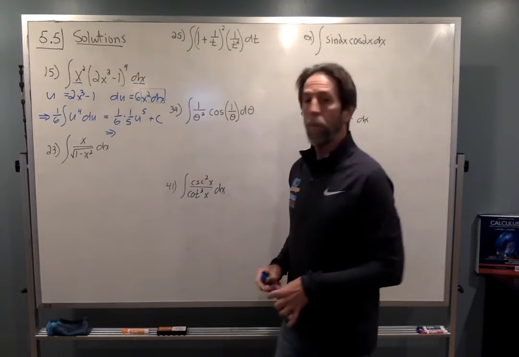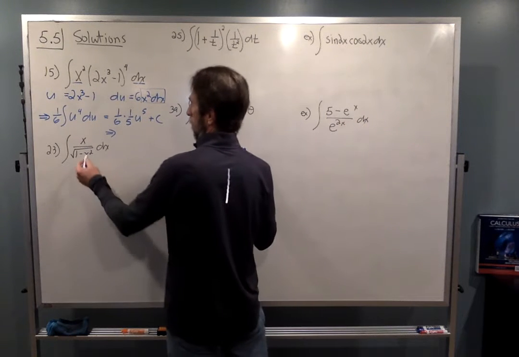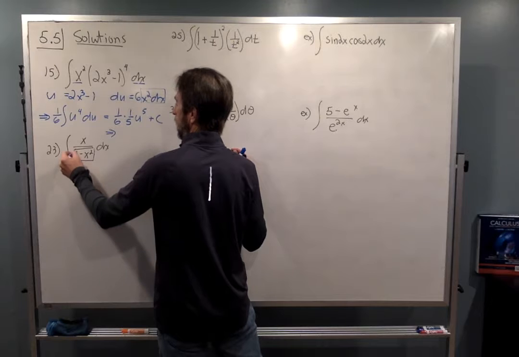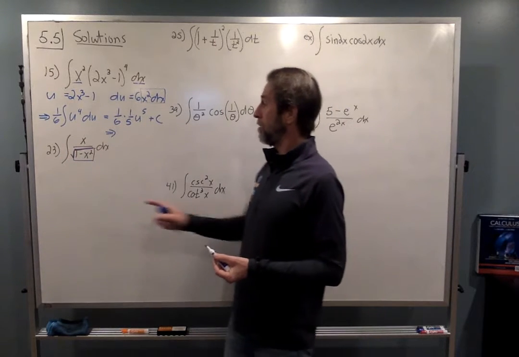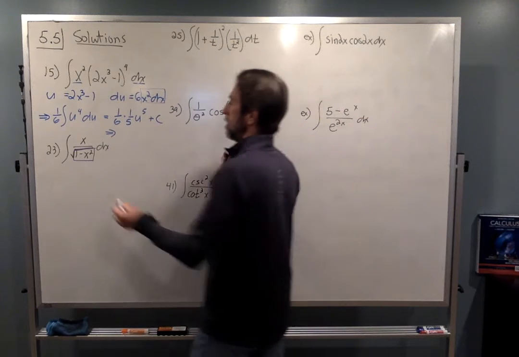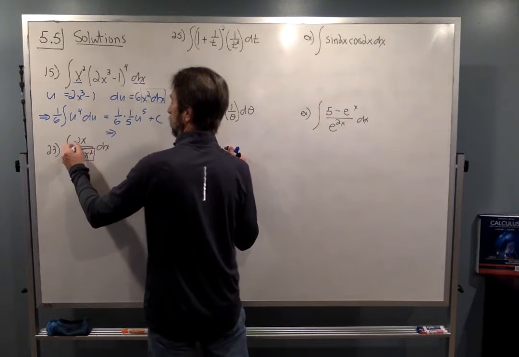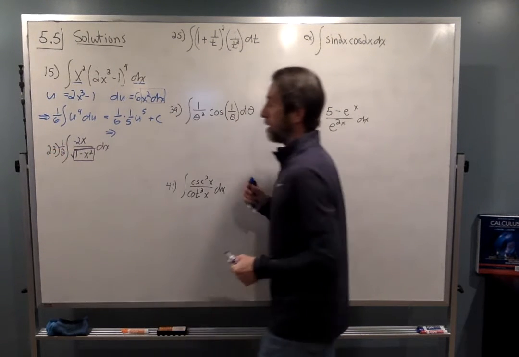Likewise, we have a composite, but in this case we have a quotient instead of a product. If I think of what's in that purple box to be u, its derivative is negative 2x, so it's close to what we have. So I make it a negative 2x, and I have to compensate by dividing by negative 2.